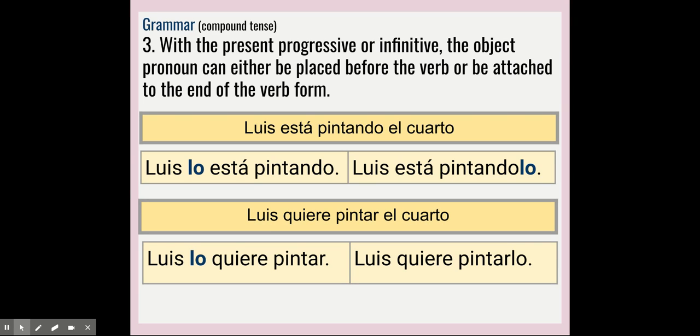You can put the direct object pronoun, like you will do with a one-verb sentence, in front of the conjugated verb, or you can attach it to the verb: pintándolo when it's a progressive, or infinitive, pintarlo.